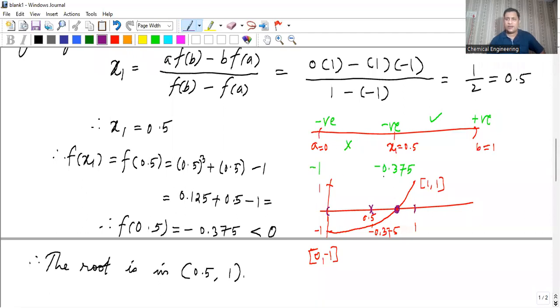That's why this interval is rejected, as this value is closer to 0 and that value is far from 0 as compared to this value. So this interval is rejected, and hence there is a chance that f of x will be 0 in this interval from 0.5 to 1. And that's why this interval is selected. Got this one? Yes, sir.